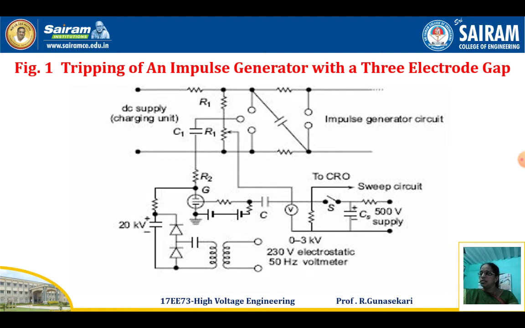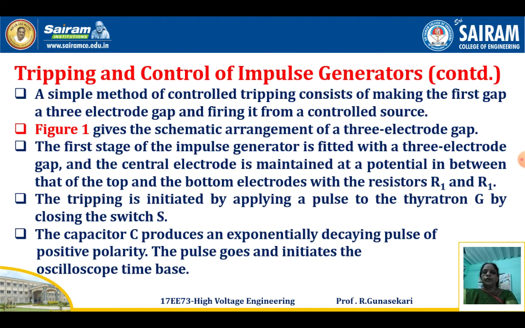The pulse goes and initiates the CRO time base. The thyratron G conducts on receiving the pulse from the switch S and produces a negative pulse through the capacitance C1 to the central electrode of the 3 electrode gap.